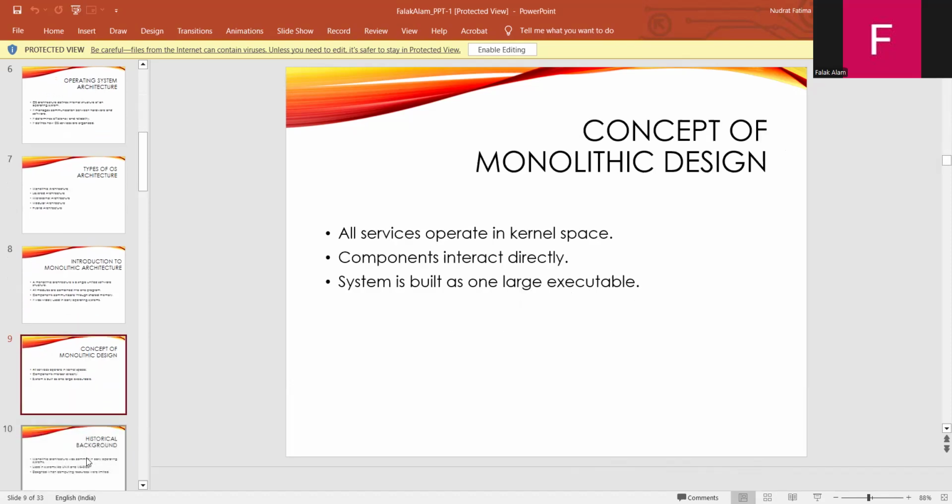Now moving with the concept of monolithic design. In monolithic design, all operating system services operate inside the kernel. This means that different modules can communicate directly with each other using function calls and shared memory.